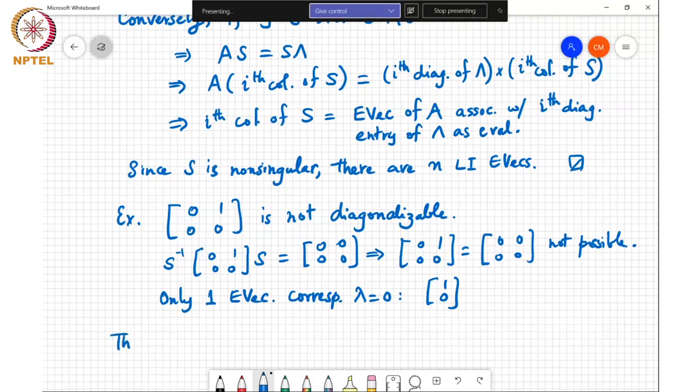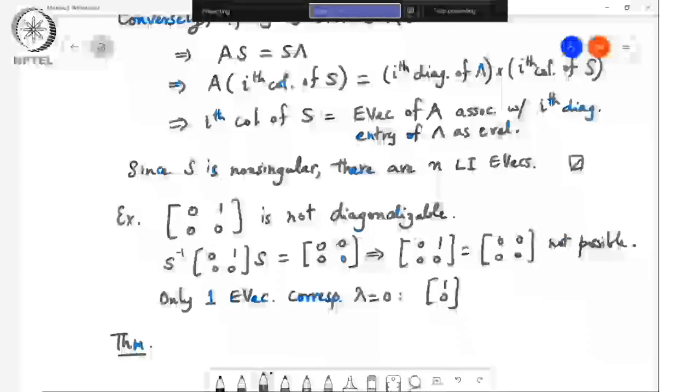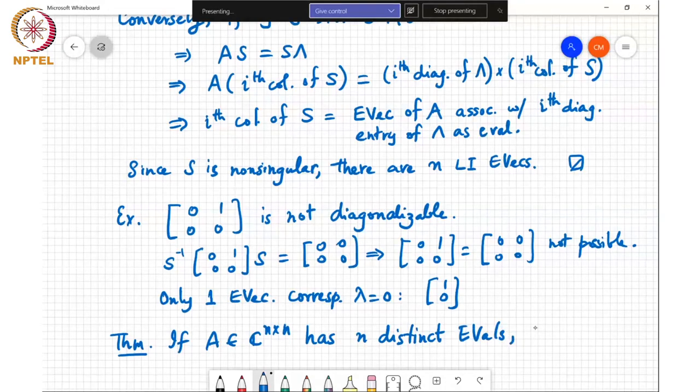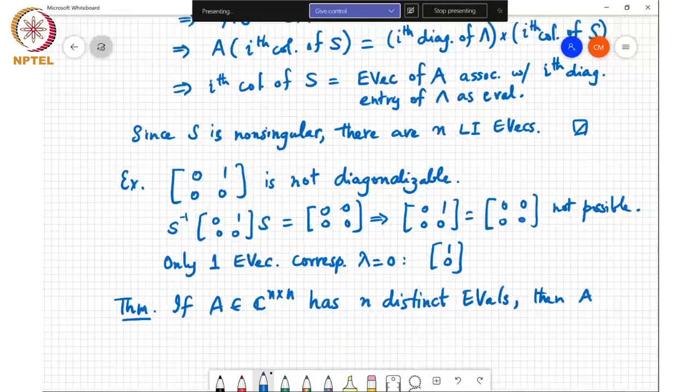So here's another direct consequence of what we just saw. If A in C to the n cross n has n distinct eigenvalues, then A is diagonalizable.